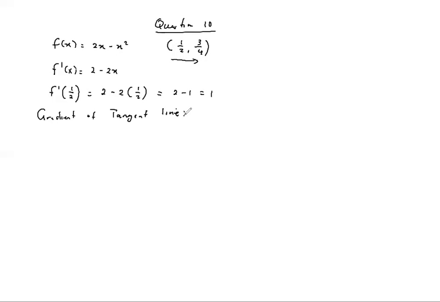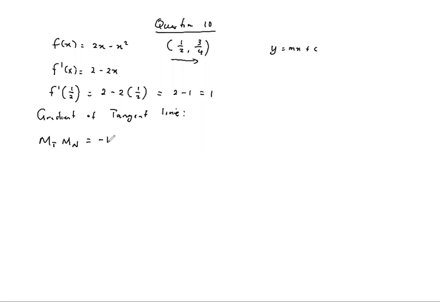But then remember we have a relationship: since we always denote the gradient as m, the gradient of the tangent multiplied by the gradient of the normal gives us negative 1.